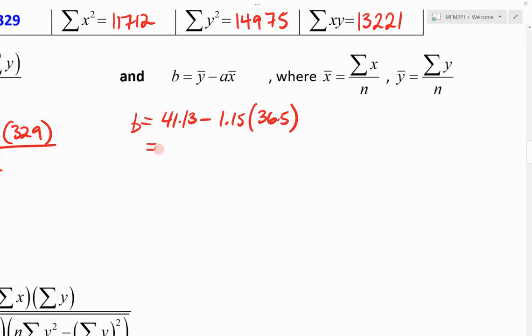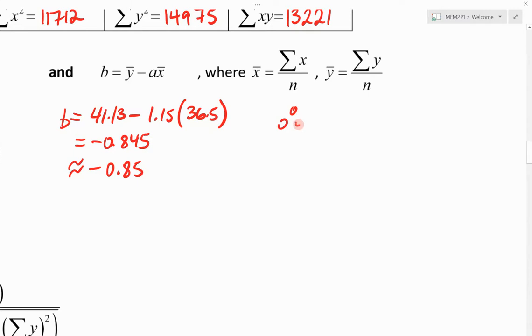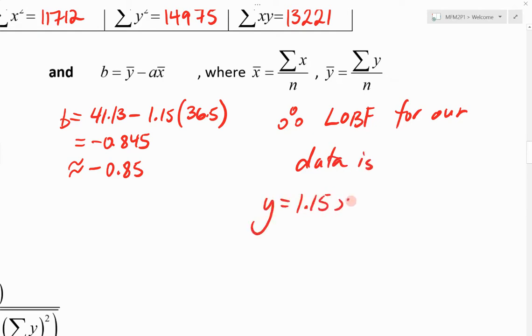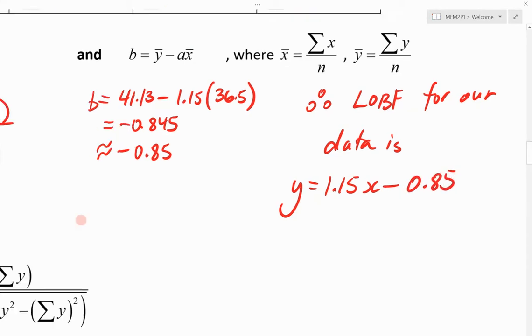Evaluating that, we get a b value of negative 0.845, and we'll just round that to approximately negative 0.85. Therefore, the line of best fit for our data is y equals 1.15x minus 0.85.